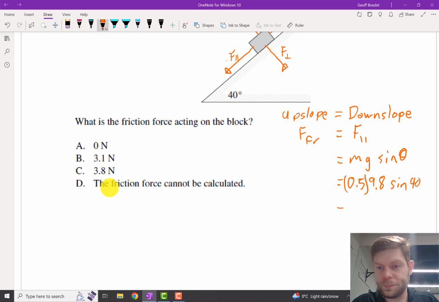So 4.9 sine 40. Sine 40 would probably be like 0.6-ish, I think. So I think it's 3.1. Wild guess. Yeah, 3.1. Bam, done.